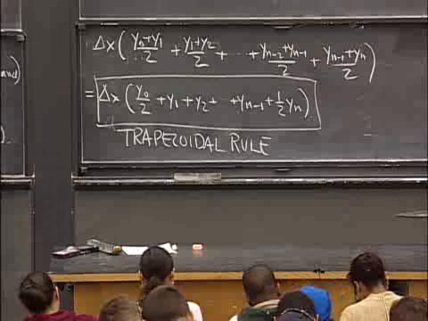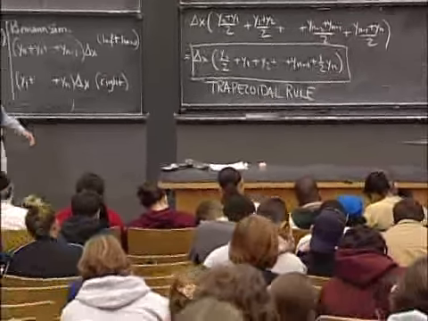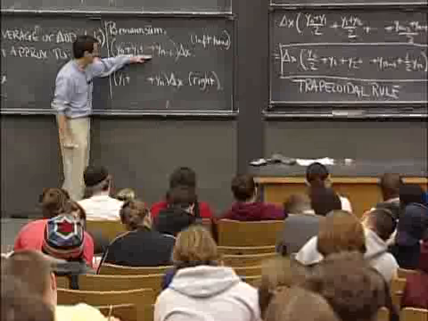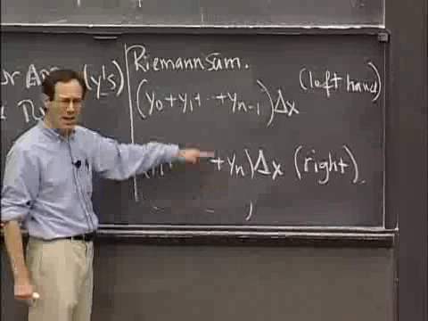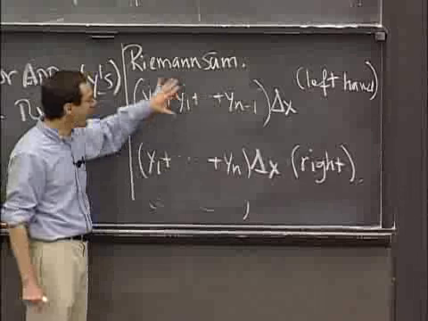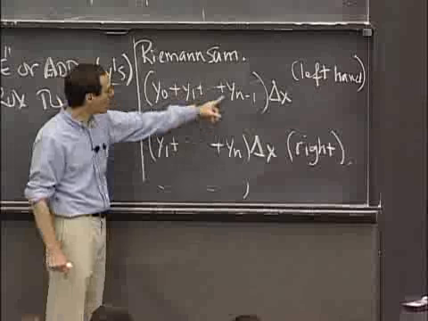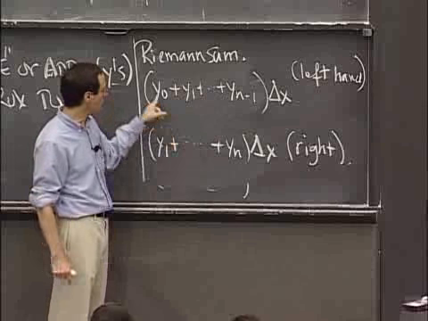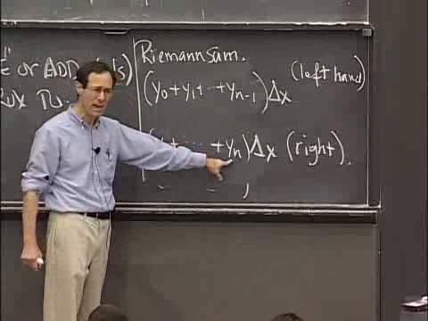Now, I'd like to compare it for you to the Riemann sums, which are sitting just to the left here. Here's the left one, and here's the right one. If you take the average of the left and the right, that is a half of this plus a half of that, there's an overlap. The y1 through yn things are listed in both, but the y0 only gets counted a half, and the yn only gets counted a half.